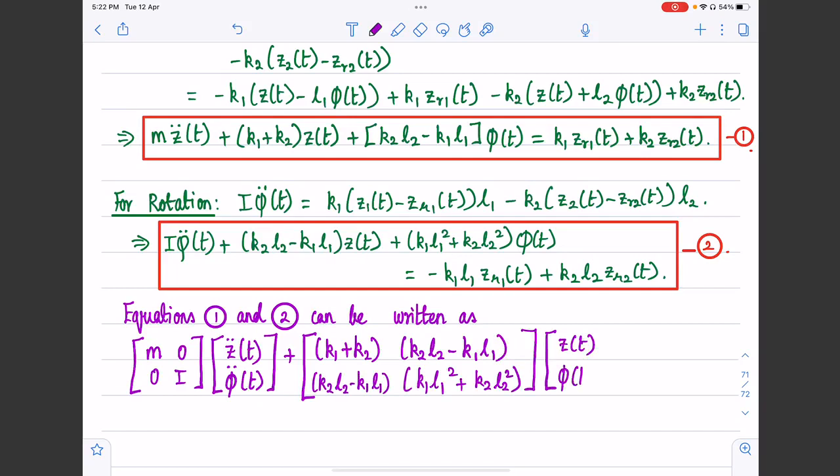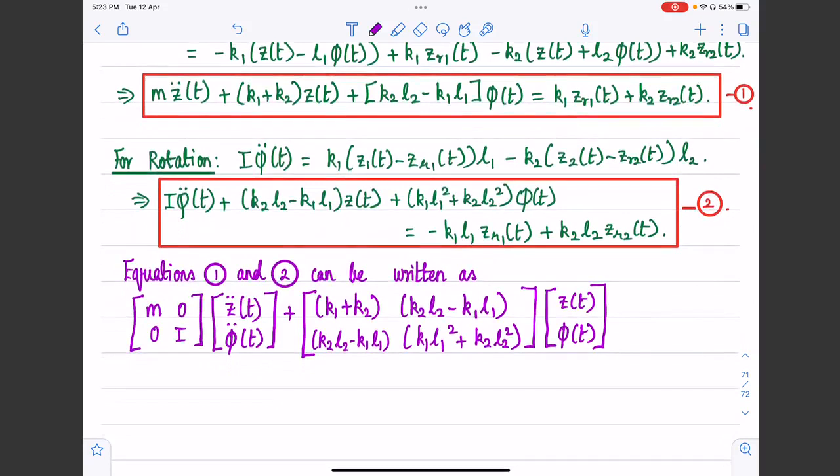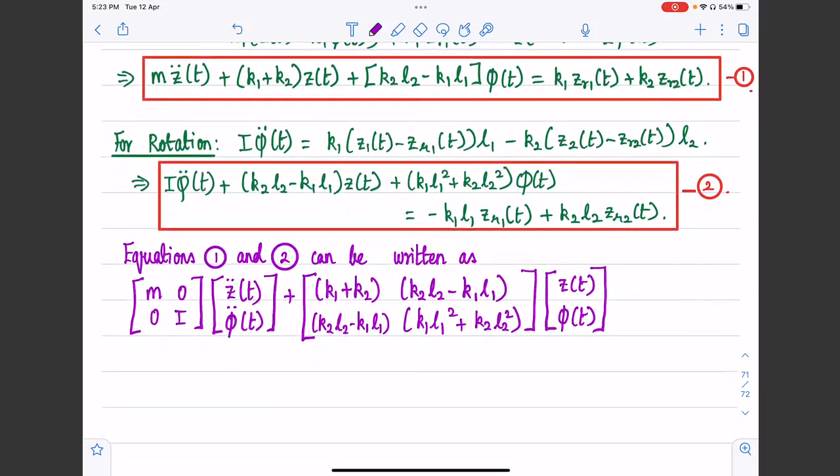Okay, that is the second term in this equation. Of course, then we have the terms involving the road inputs, so I'm just going to write them here. We'll get the matrix with rows k1, k2 and minus k1 L1, k2 L2, times zr1(t), zr2(t).